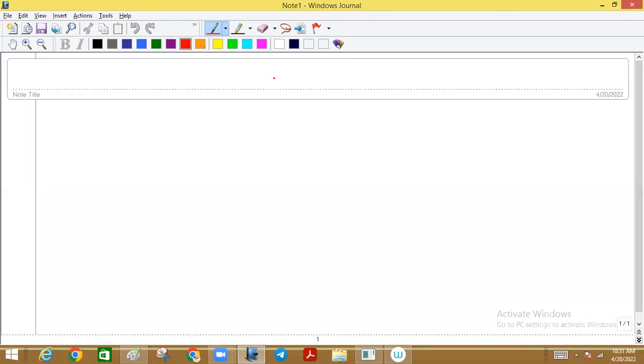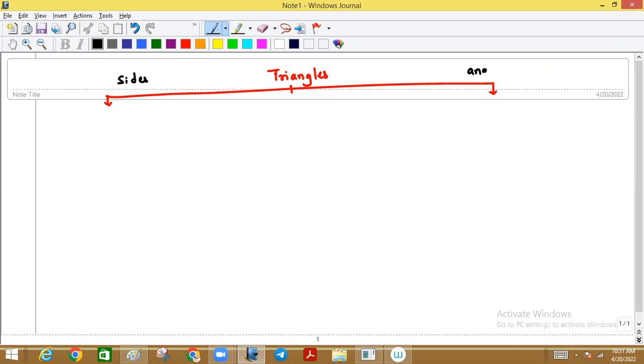So we look at types of triangles today. Divide the triangles based on sides and based on angles. Okay.